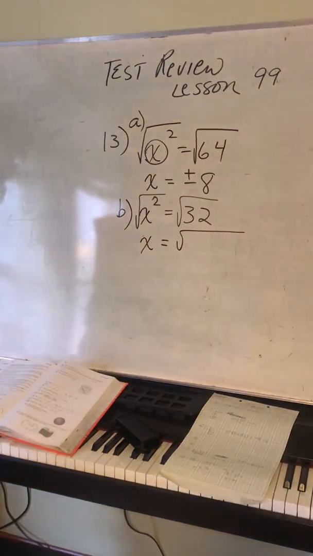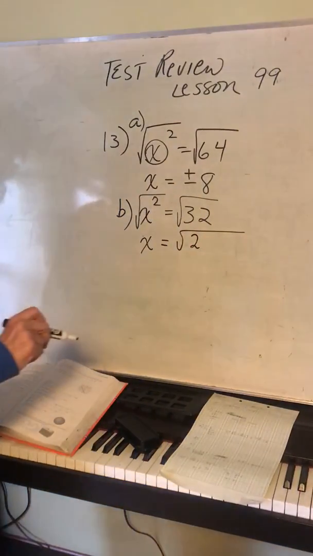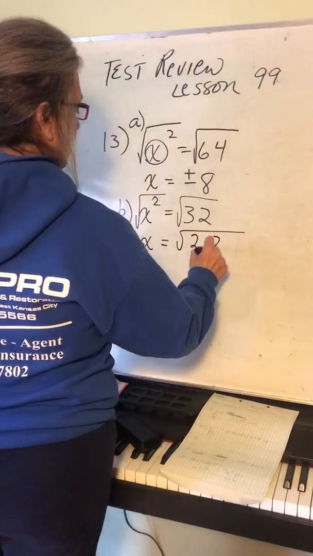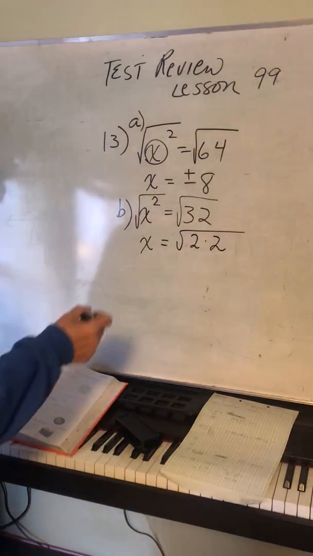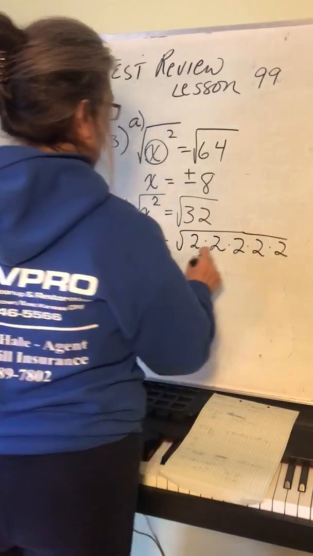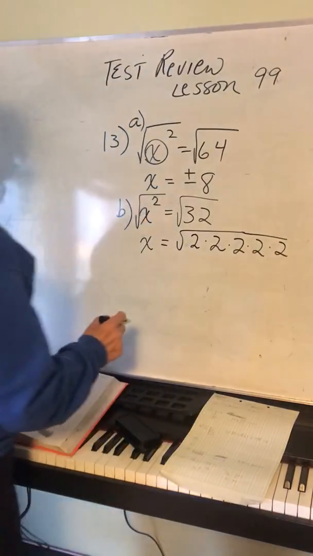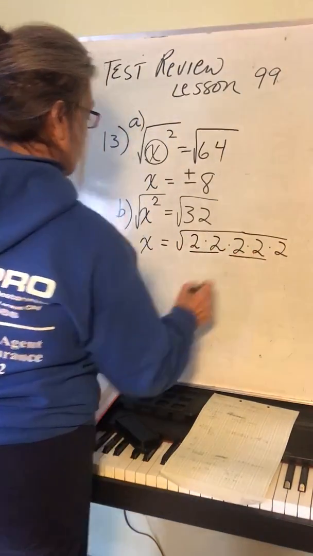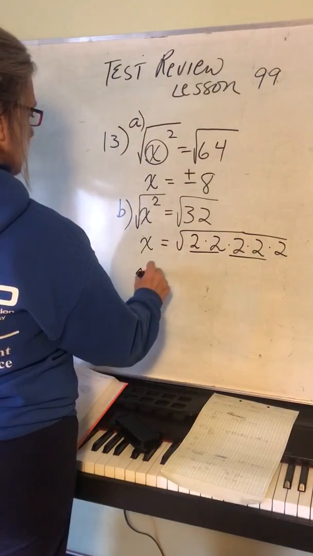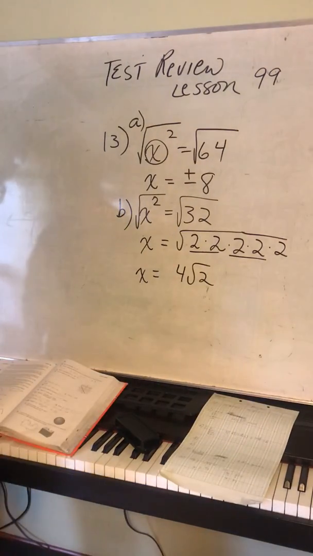Well, that one you can do the prime factorization of, and you're going to end up with 2 times 16, well, 16 can go another 2, and then you got 2 times 8, and you can go another 2. 2, 2, 2. Let's see if we got too many. 2 times 2 is 4, 8 times 2, 16 times 2 is 32. So then we pull out the pairs here, and we're left with x is equal to 4 square root of 2.